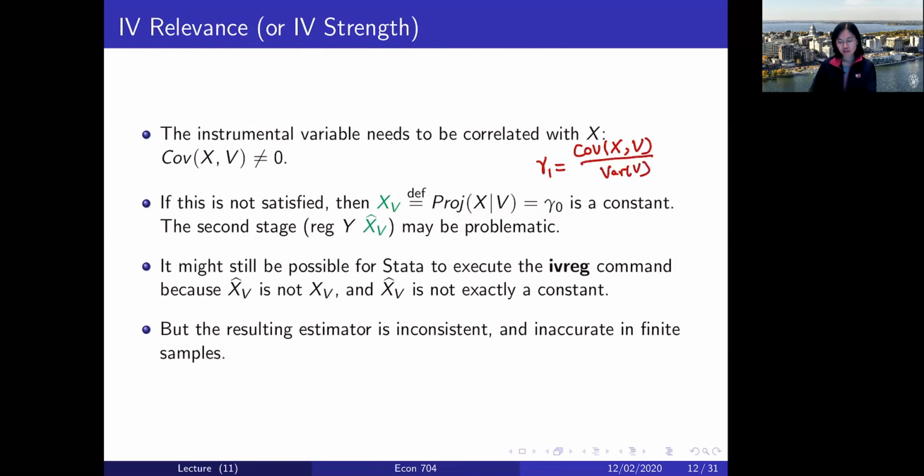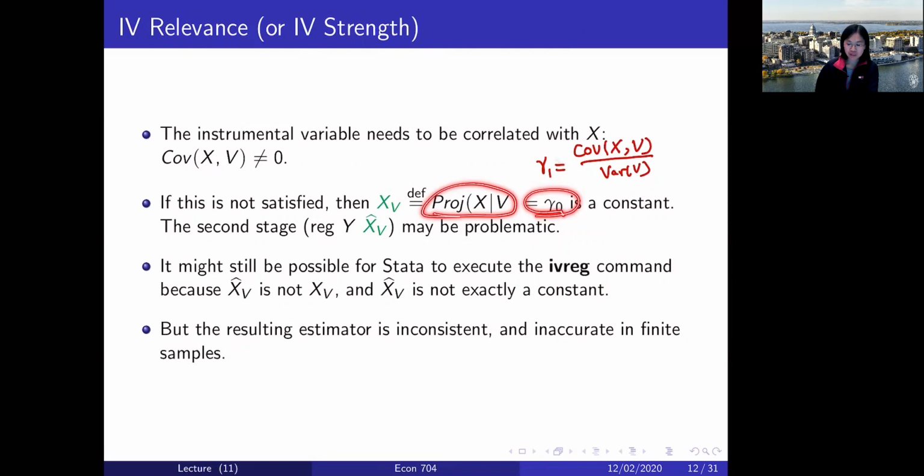So if the covariance between X and V is 0, then the slope coefficient in the projection expression is 0. So the projection is only equal to the intercept. That means the projection is a constant.